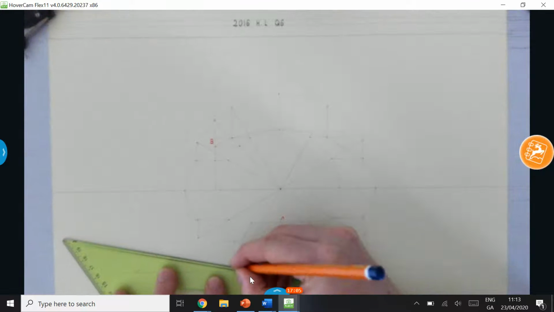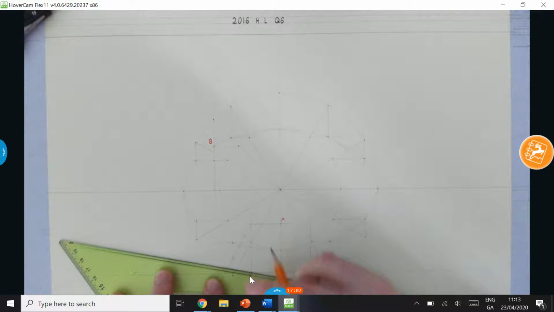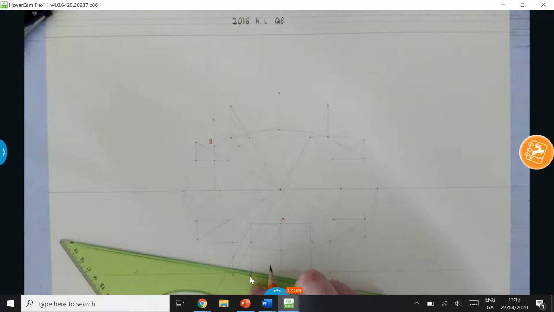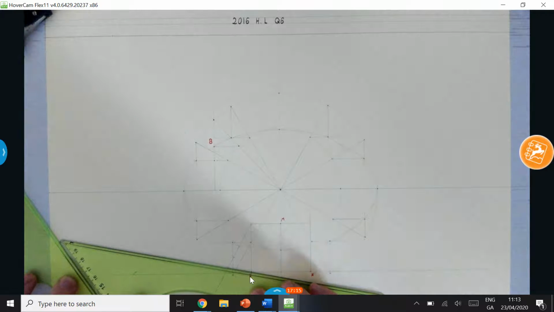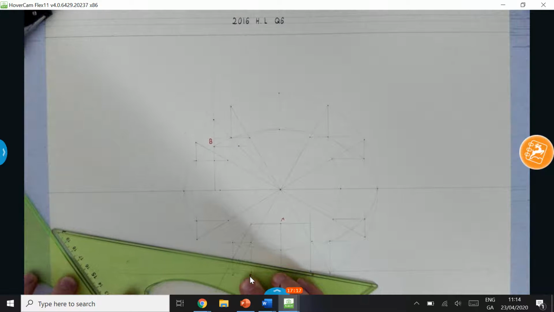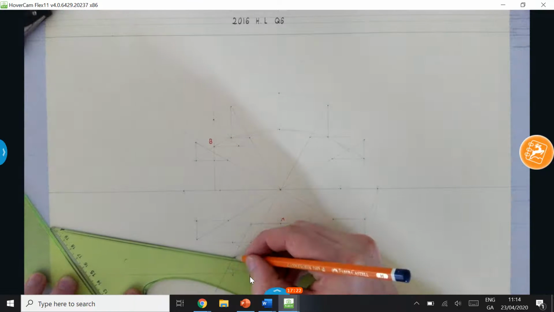Go down to the fourth one and join it up to K and keep our set square there. Grab our other set square, we're doing sliding set squares, and move parallel up to the previous scribe mark, which is this one.